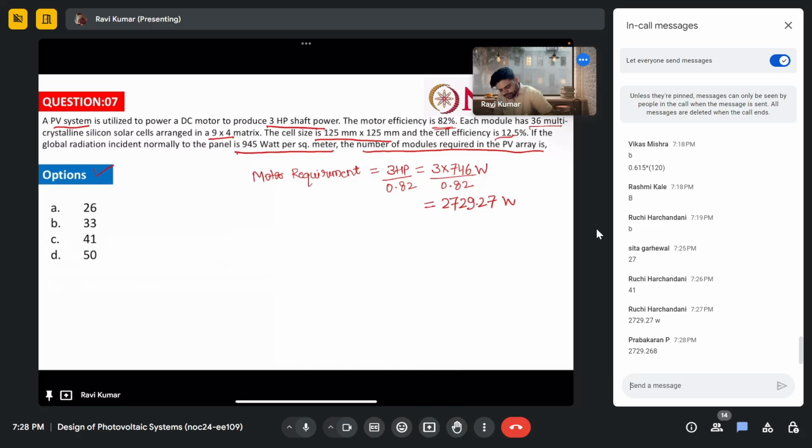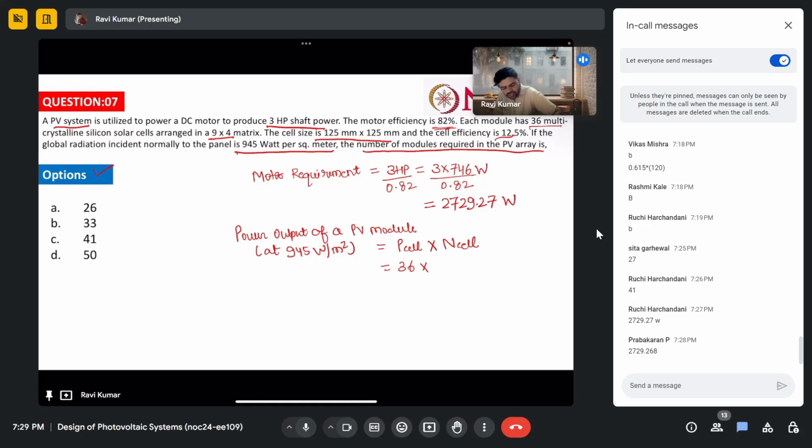Then power output of a PV module at 945 watt per meter square equals power of cell into number of cells. Number of cells is already given, 36.